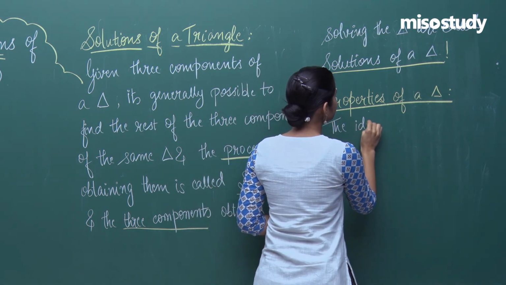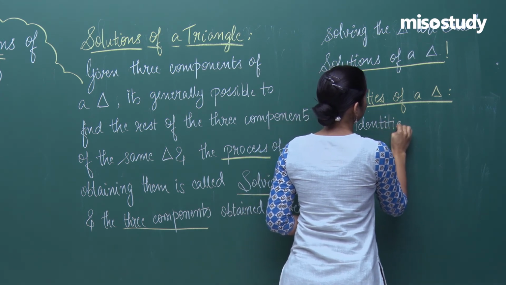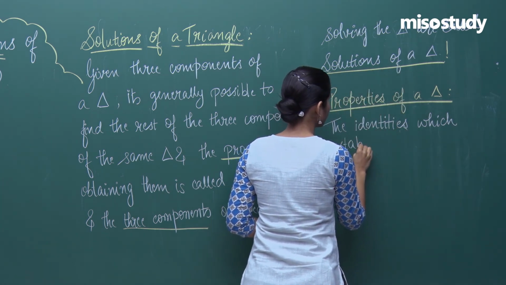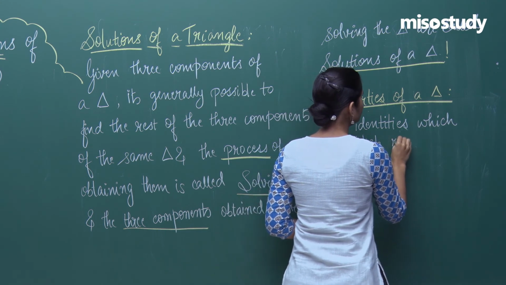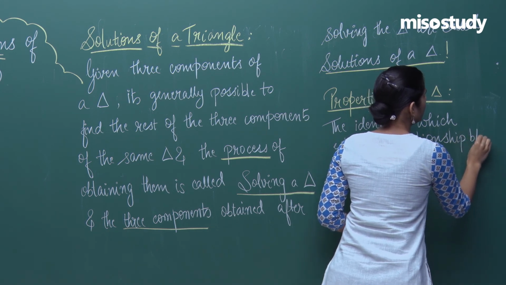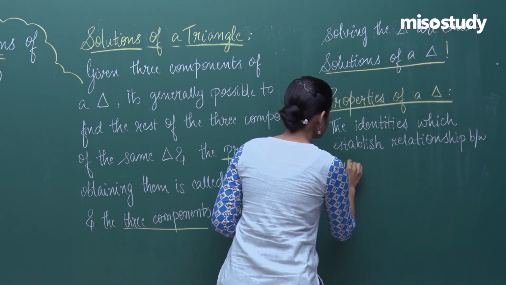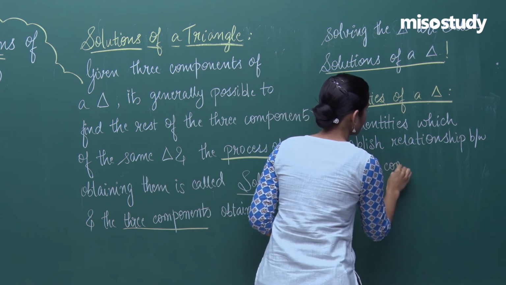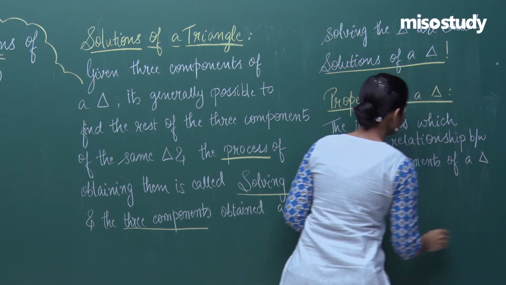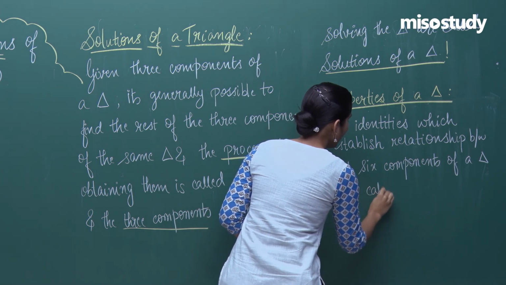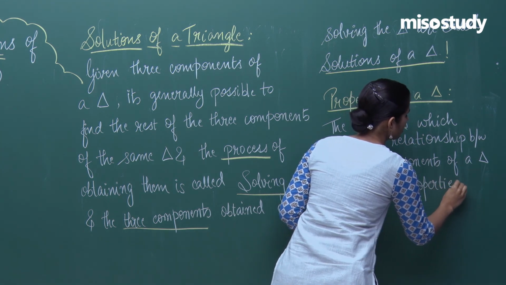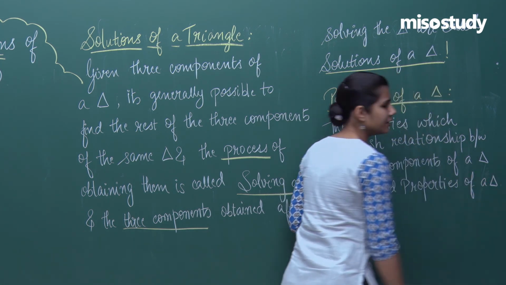The identities which establish relationship between all six components of a triangle are called properties of a triangle.